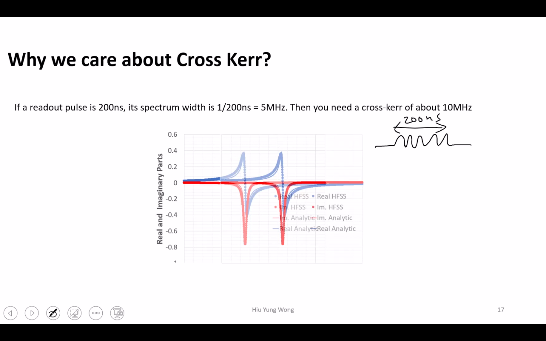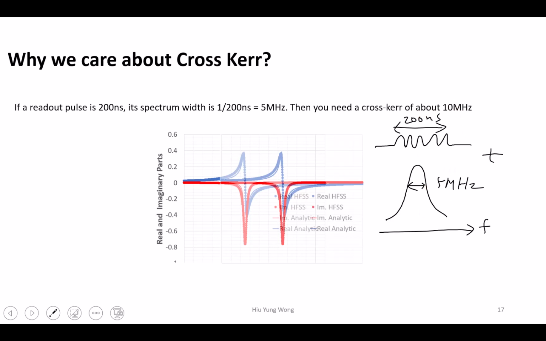Then in the frequency domain, this is F, this is T. The half width at full maximum is about 5 megahertz. Or, I don't know, maybe 10 megahertz. I forgot the equation. But of course, a longer pulse gives a narrower spectrum. So you will need a cross-Kerr of about 10 megahertz to be safe.